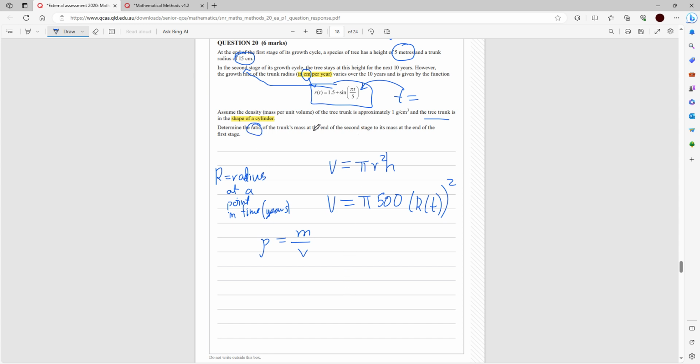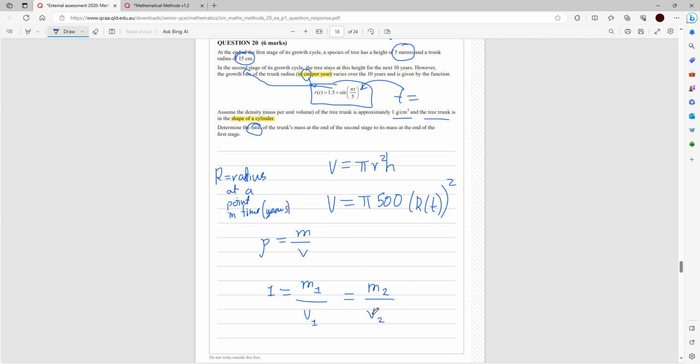But we're told to assume the density is approximately constant. So the mass at the first stage, which I'll indicate as m1, divided by the volume of the first stage, is going to be equal to the mass of the tree at the second stage divided by the volume of the tree at the second stage.